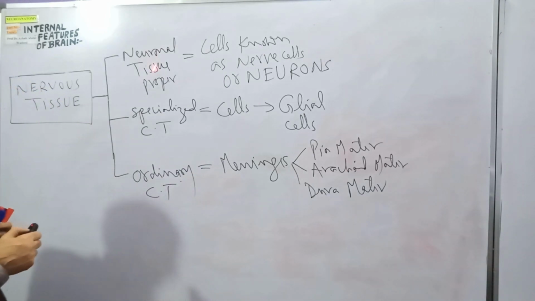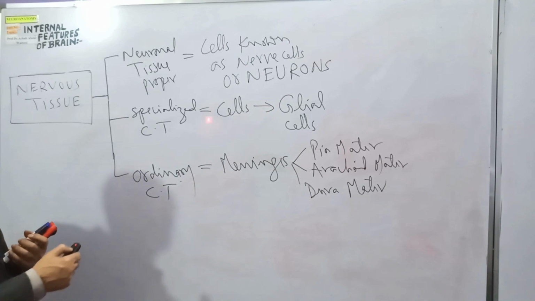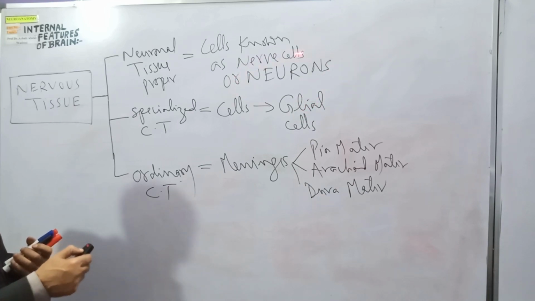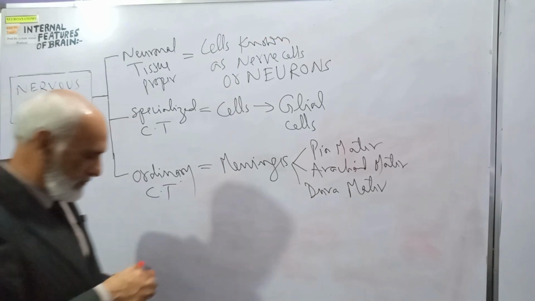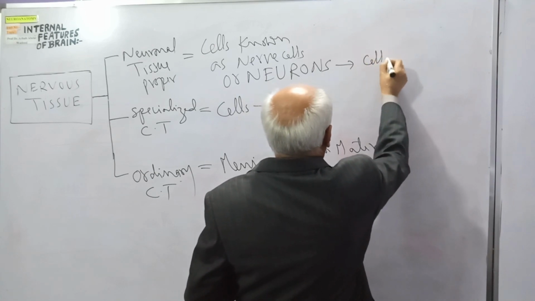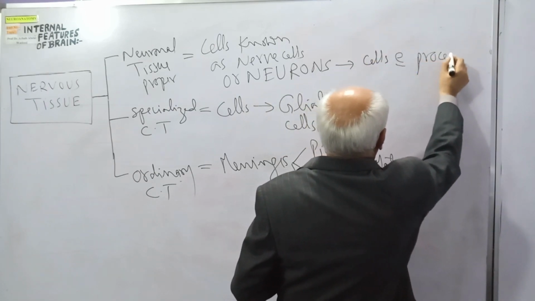But the nervous tissue proper has special type of connective tissue, and that special type of connective tissue does not have connective tissue fibers. It is again in the form of cells only. And the cells are collectively known as the glial cells. And these glial cells provide physical and nutritional support to the neurons or nerve cells. Neurons, what are neurons? Neurons are cells with processes.